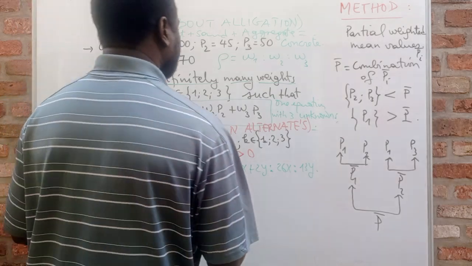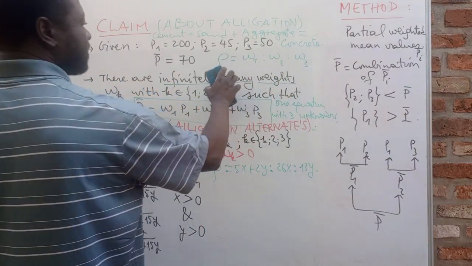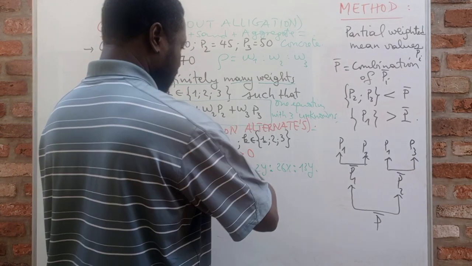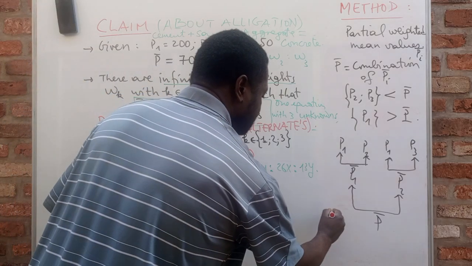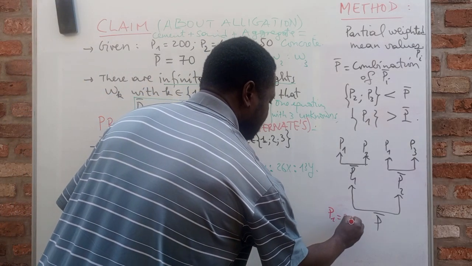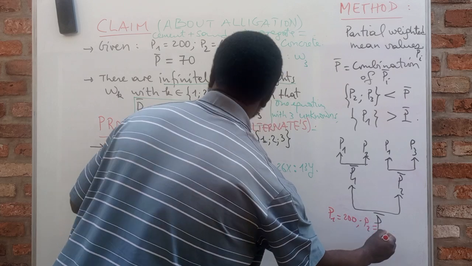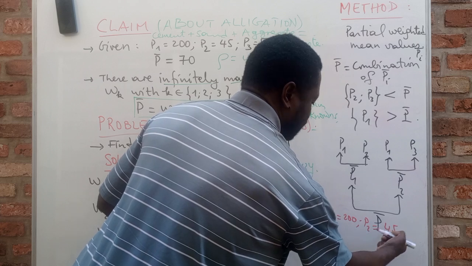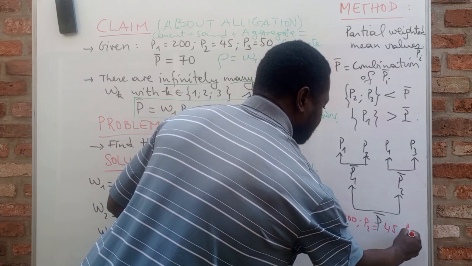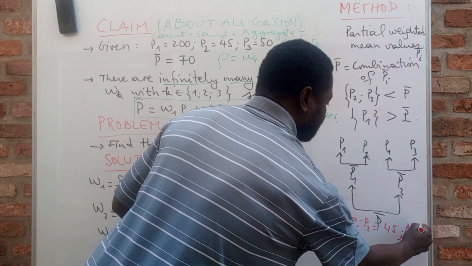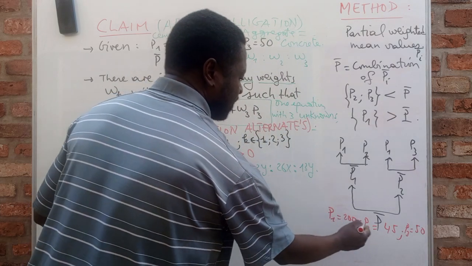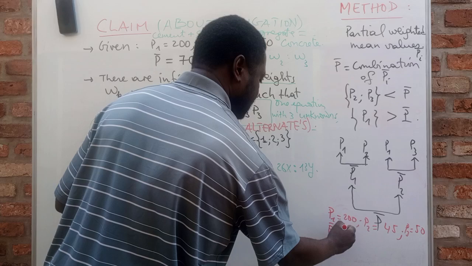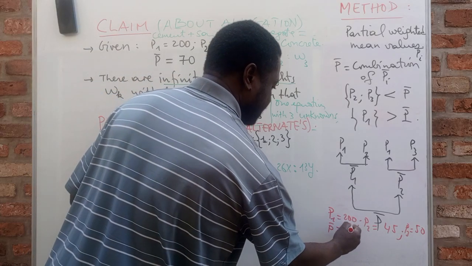In each case, we will have those values. Okay, so now keeping in mind that we know the values, suppose P1 is 200, P2 is 45, P3 is 50, and the overall mean value is 70.